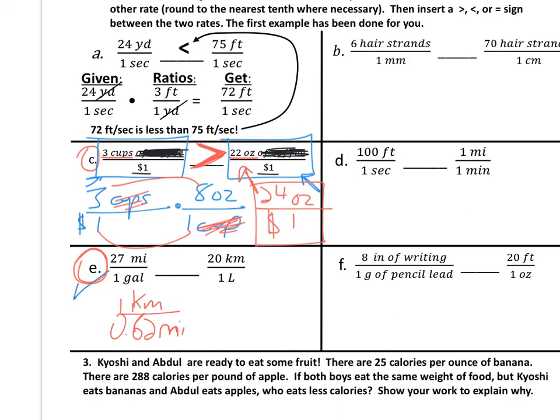So if I multiply my 27 miles per gallon by that conversion ratio, the miles cancel out and I get 27 kilometers for 0.62 gallons.